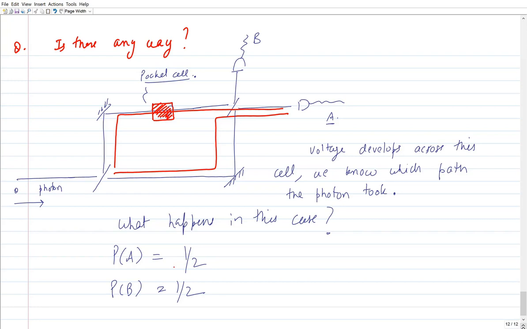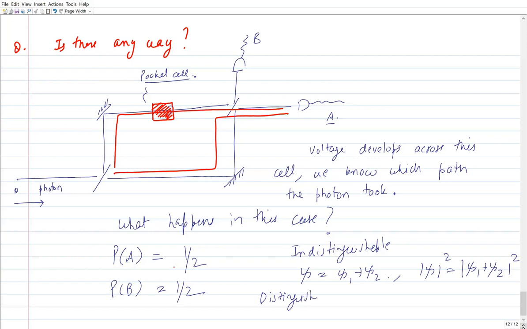Remember, when my paths were indistinguishable, I was adding the probability amplitudes. And the final probability given was this guy. When I make my paths distinguishable, I just add the probabilities, which I already calculated to be half.